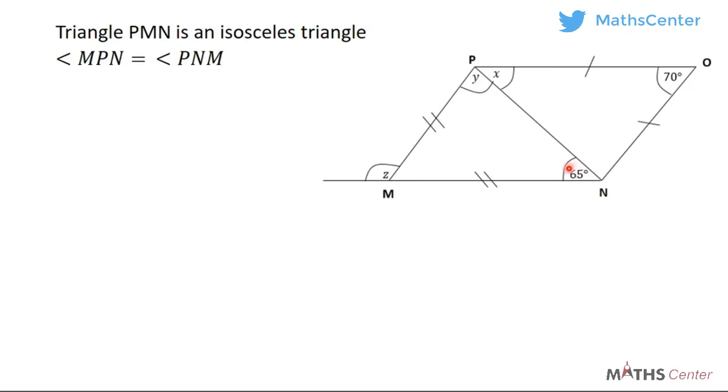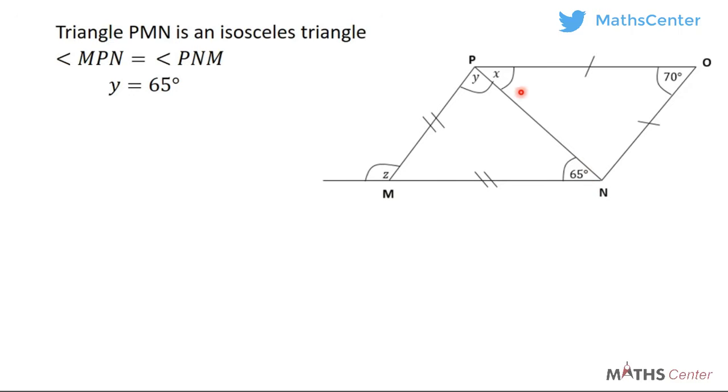So Y is equal to 65 degrees. So angle MPN, which is Y, is equal to angle PNM, which is 65 degrees, because triangle PMN is an isosceles triangle. I hope that is clear.